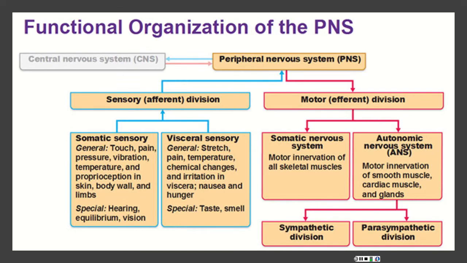Now, I do want to say that central nervous system, it is very common to see it abbreviated CNS. Peripheral nervous system, we see PNS here. I want to caution you that while that is something that you will see from time to time, do not learn PNS as peripheral nervous system.